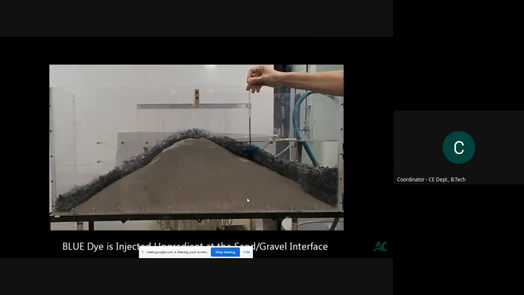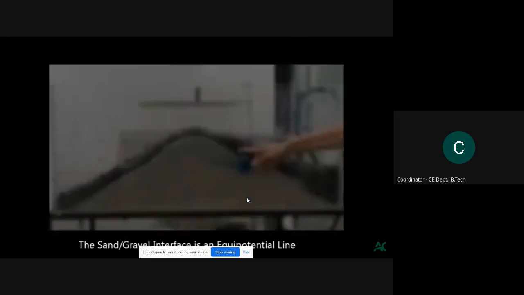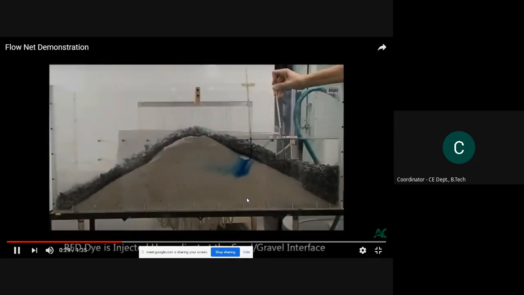See here, the seepage flow has been demonstrated by injecting this colored fluid, so that you can see the path of the flow due to the color variation.